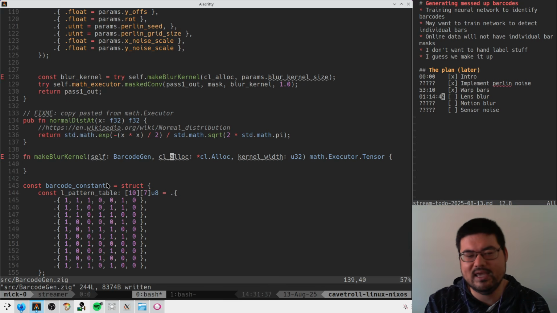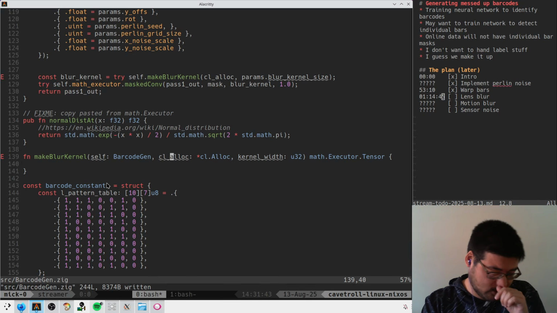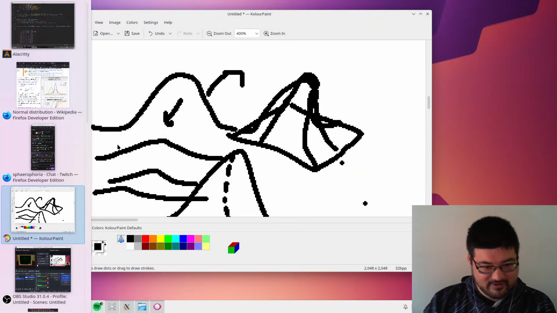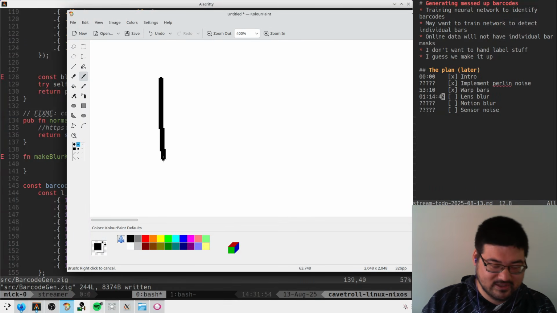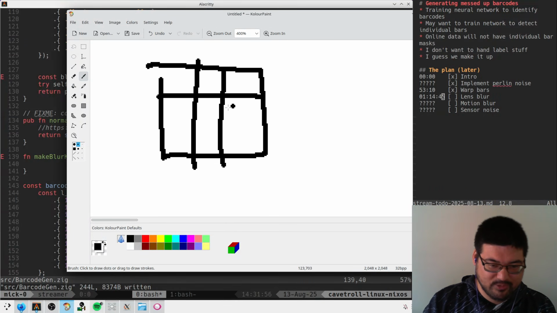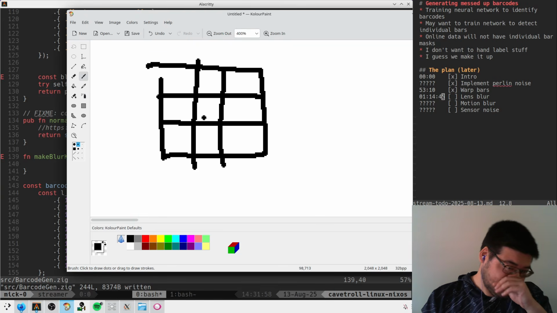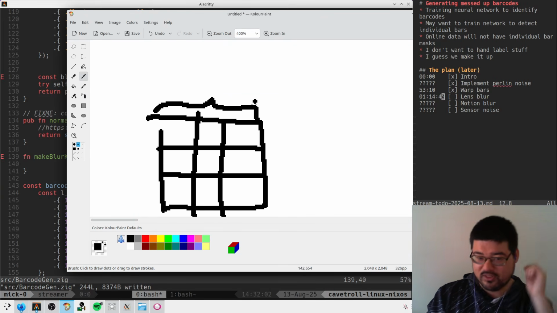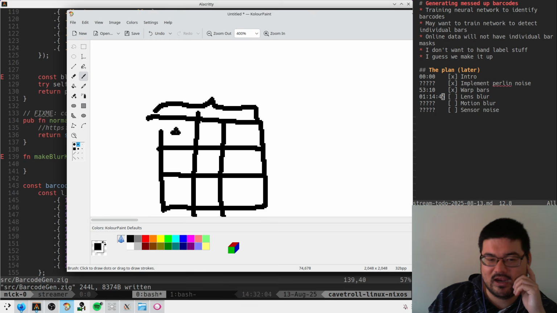So I guess if we have a 3x3 kernel, maybe we have a kernel like this, 3x3. If we want this range to be almost everything, this should be -3 standard deviations, and this should be 3 standard deviations.